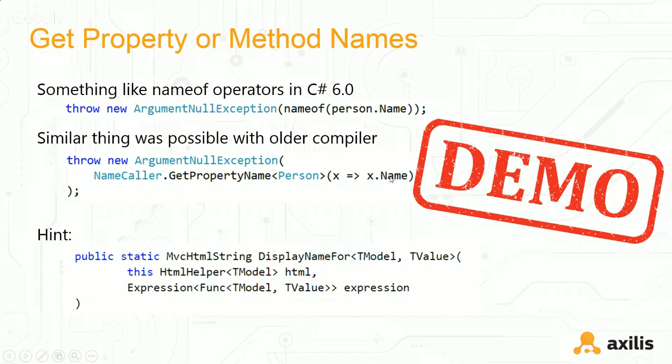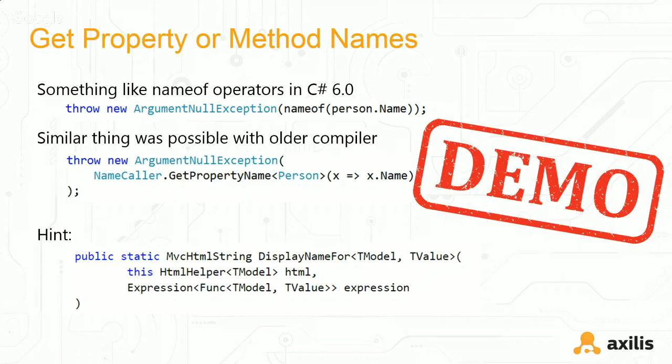If this property gets refactored to first name or surname or something else, then this function will return something different. You can do this with reflection, right? But this is somewhat faster. You're using the same thing when you're building views using HTML helpers in MVC. So this is known. Would you like to see the implementation? Yes. Okay, great.